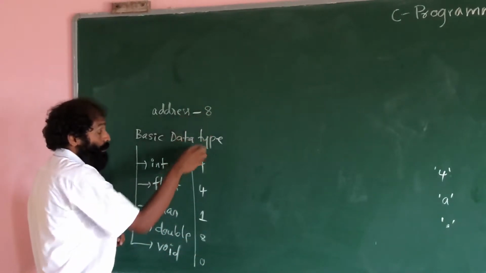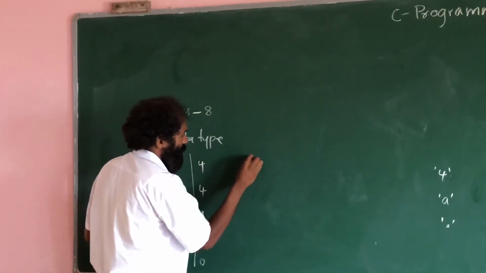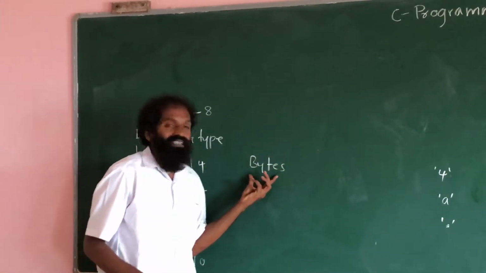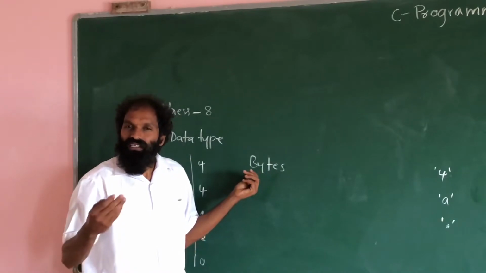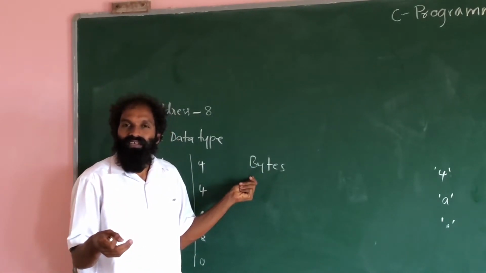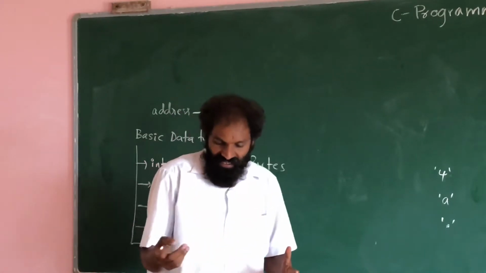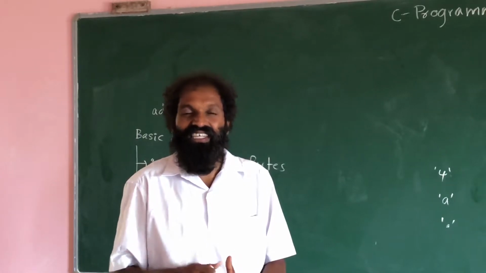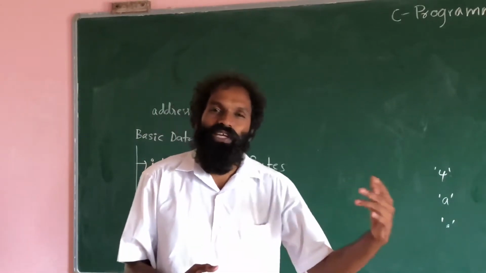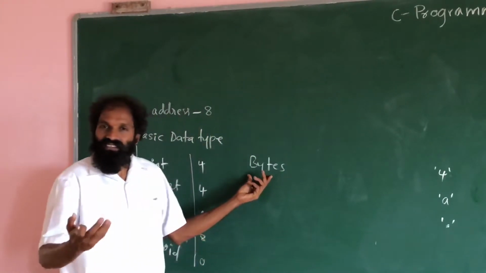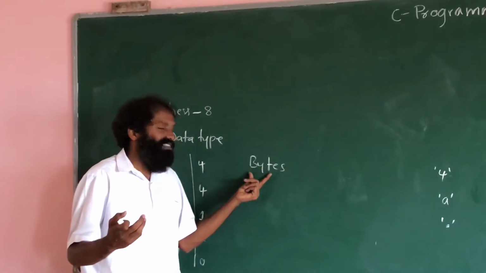These are called bytes. Memory size we measure in terms of bytes, like we measure weight in kgs, and distance in kilometers or meters. In the same way, memory size we measure in terms of bytes.